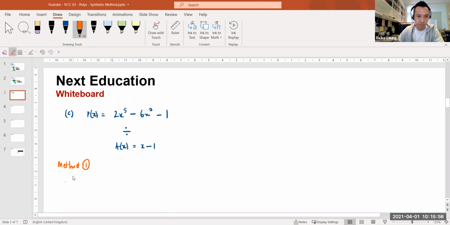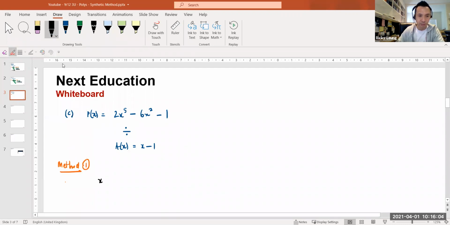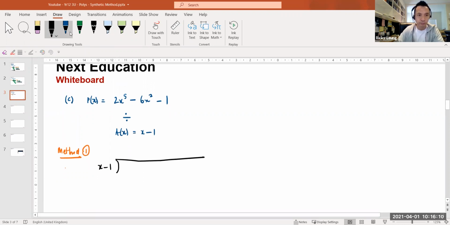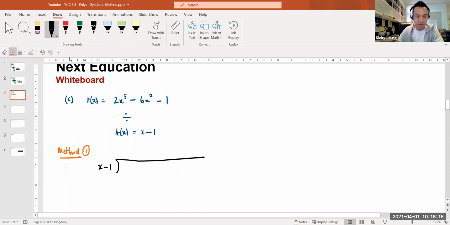1. So the traditional way, you basically set it up as you would. x minus 1 dividing into, now every time you see a gap, just remember to put in 0, right? Or 0, whatever that x value is.